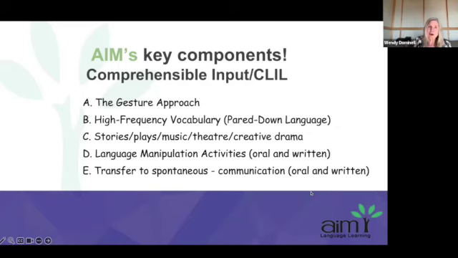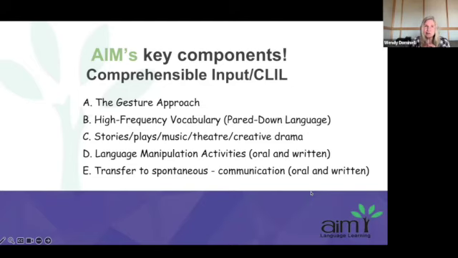So now what are the words that we teach through gesture? Well, this is very important, we have a selected vocabulary that we call pared down language. It's a vocabulary that I developed with my students along with the gestures at Bishop Strachan in Toronto. And we decided what gestures would be ideal to rapidly help a student understand a word or a sound.